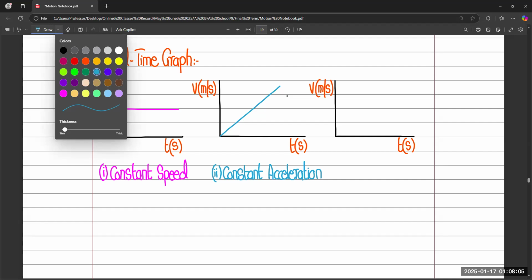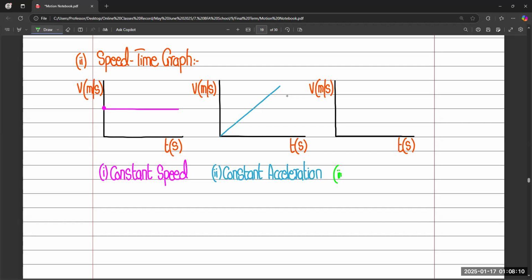And the third one is variable acceleration. So in variable acceleration again, we have two different curves.